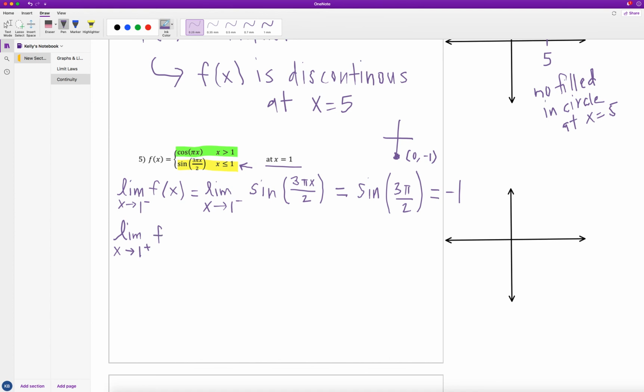Let's do the same thing for the limit as x approaches 1 from the right-hand side of f of x. Now in this case, as we approach from the right-hand side, I'm going to use the top function since we're looking for the places where x is bigger than 1, so we'll be using the cosine of pi x.